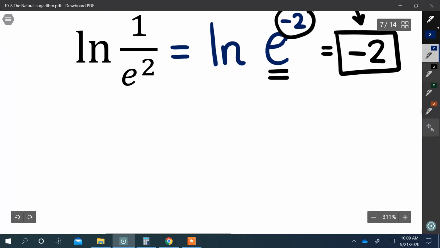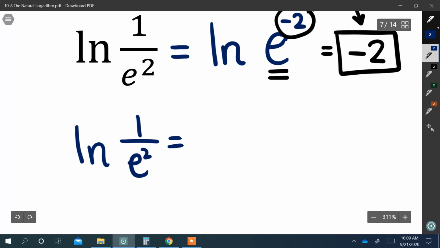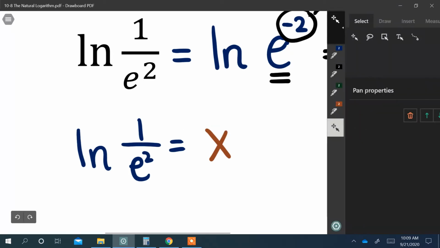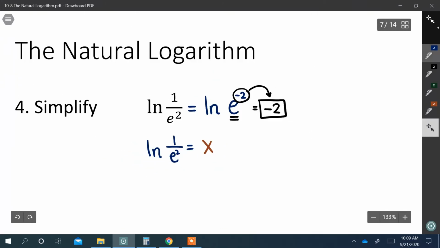Now, what if I tell you, hey, I did not get that. Let's do it a different way. Let's say that this right here is x, and we're trying to figure out what x is. If I use my definition, remember, the definition is ln n is equal to k, and that is equal to e to the k is equal to n.